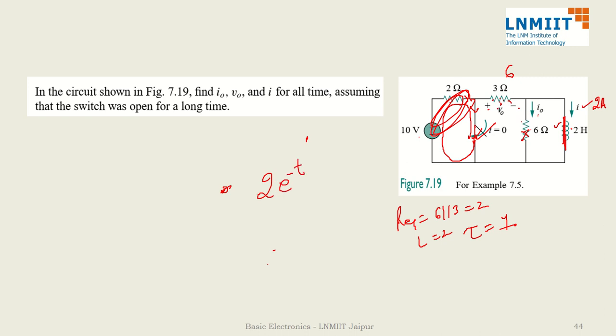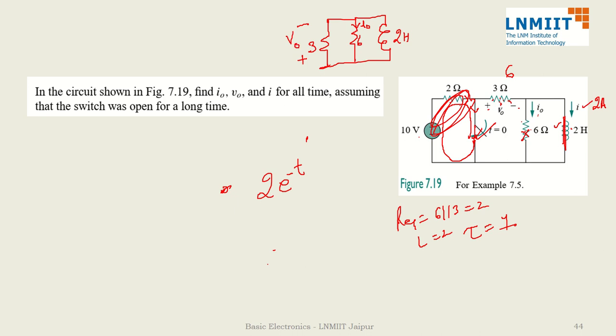Okay, once I get this, my circuit is 2 Henry, 6 ohm, 3 ohm. Across 6 ohm, I have I naught, and across 3 ohm, plus here minus here, I am measuring V naught.